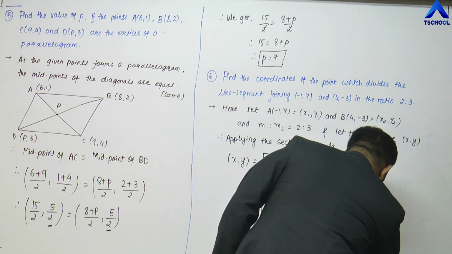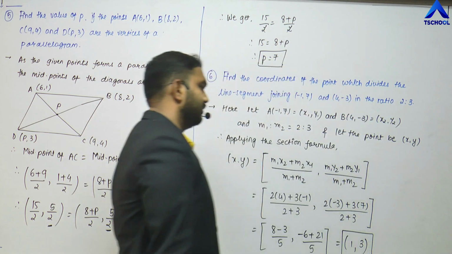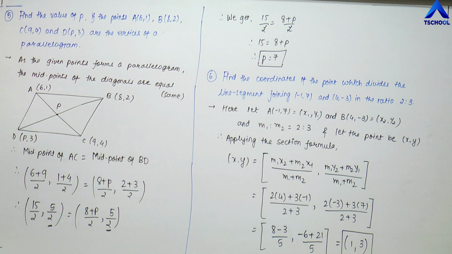So the coordinates of the point which divides the line segment are (1, 3). Is it clear? You can take a screenshot of this.